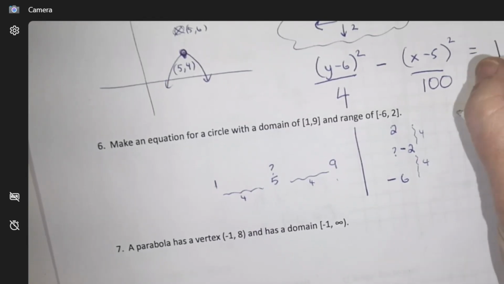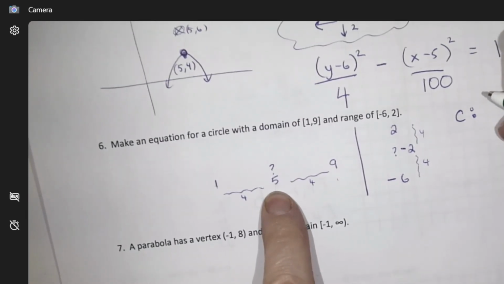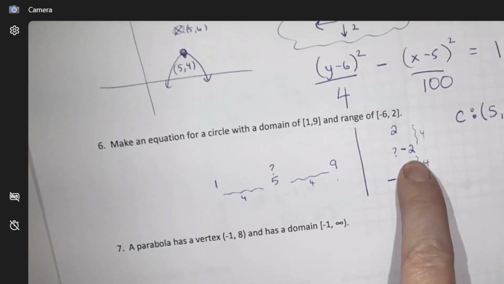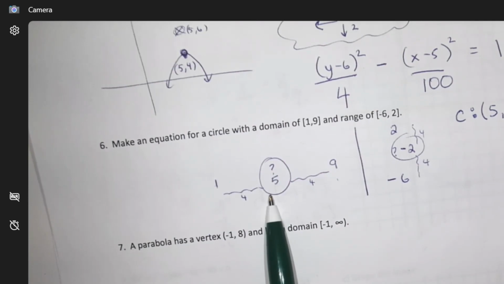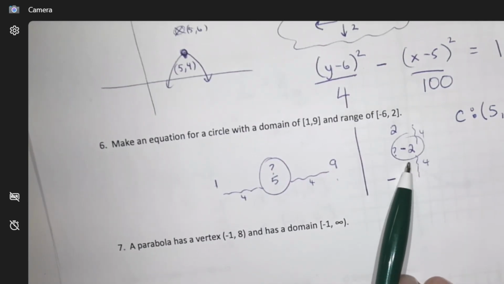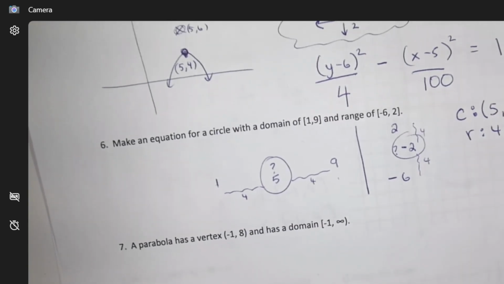So what do we know? We know the center is horizontally here was 5, -2. 5 was in the middle of the x's. -2 is in the middle of the y's. And the radius was 4. So now you can do an equation.